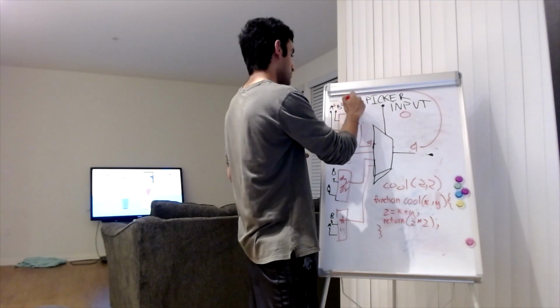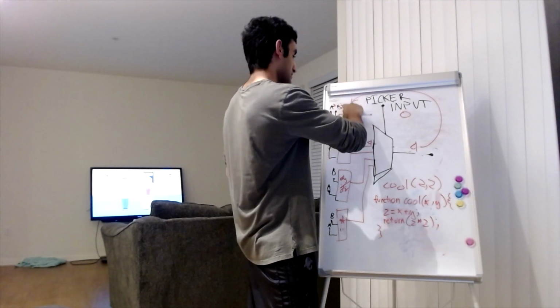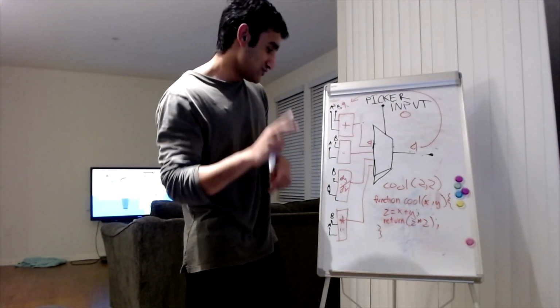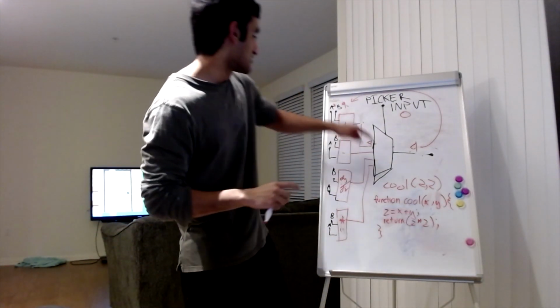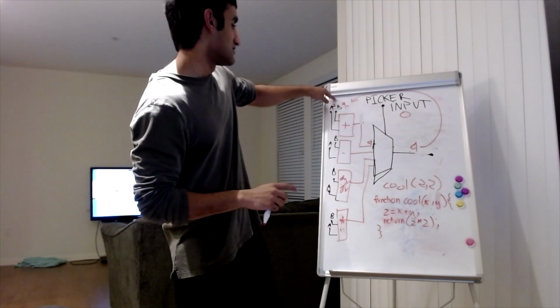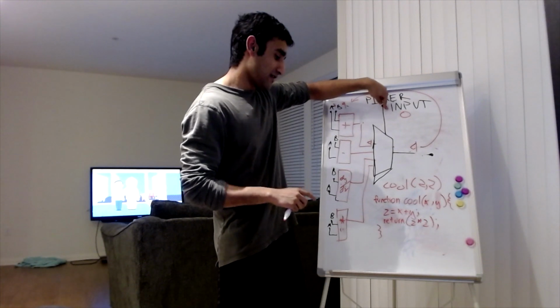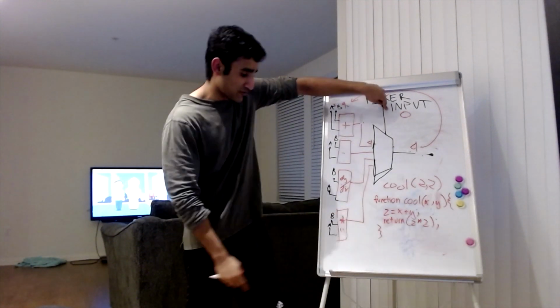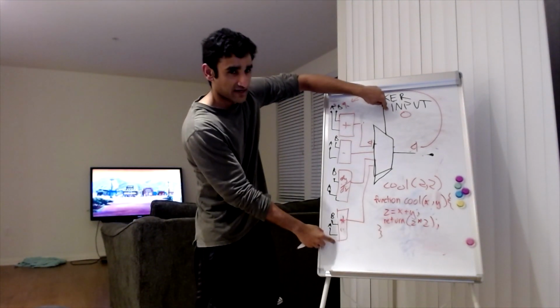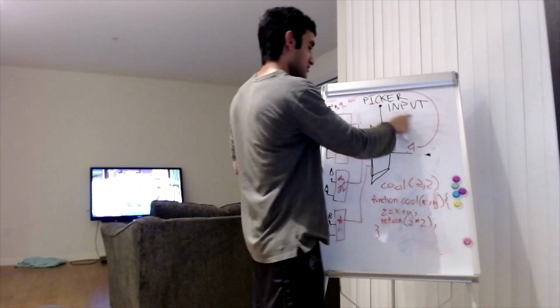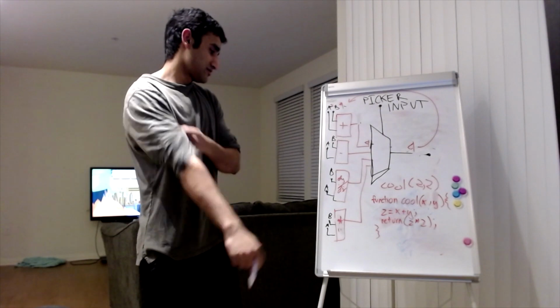What we're going to do is put 4 at B, and we're multiplying it by the number 2 from right here. So we can just keep A still at 2. And now our picker input right here, we're going to do multiplication. So we're going to be targeting this digital circuit right here. This picker input is going to be changed to the number 3.